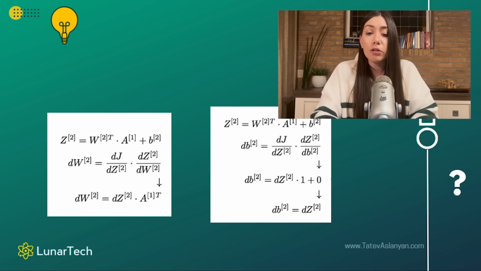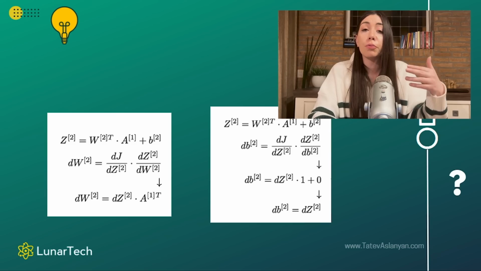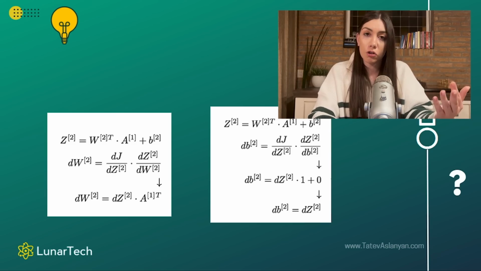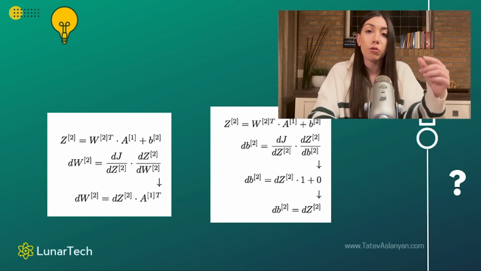Now, the reason why it is called a shortcut is because when computing the gradients, the gradient will then go through these transformations. We need to compute the partial derivative of the loss function with respect to the weights, and for that we first need to calculate the partial derivative of the loss function with respect to the z-scores, and then the partial derivative of the z-scores with respect to the weights, and then use the chain rule to compute the partial derivative of the loss function with respect to the weights.